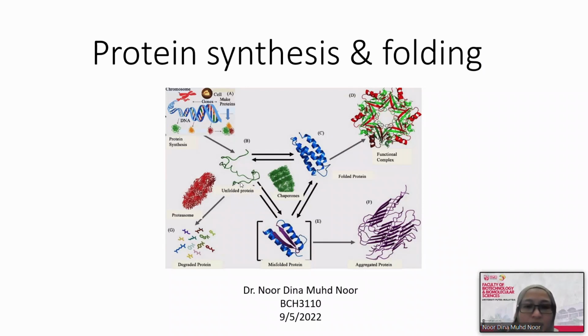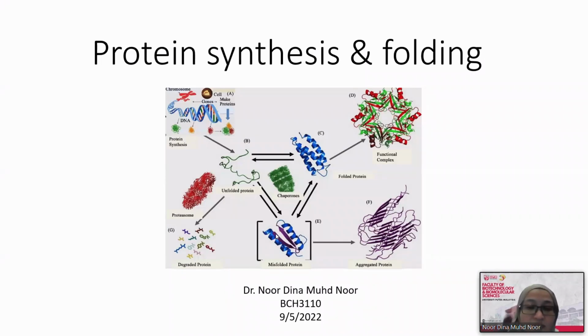All right, and let's say the unfolded protein is misfolded. It goes through the process of folding, but then it is misfolded. Then we have to use the chaperones so that it can be folded and become the functional complex. All right.